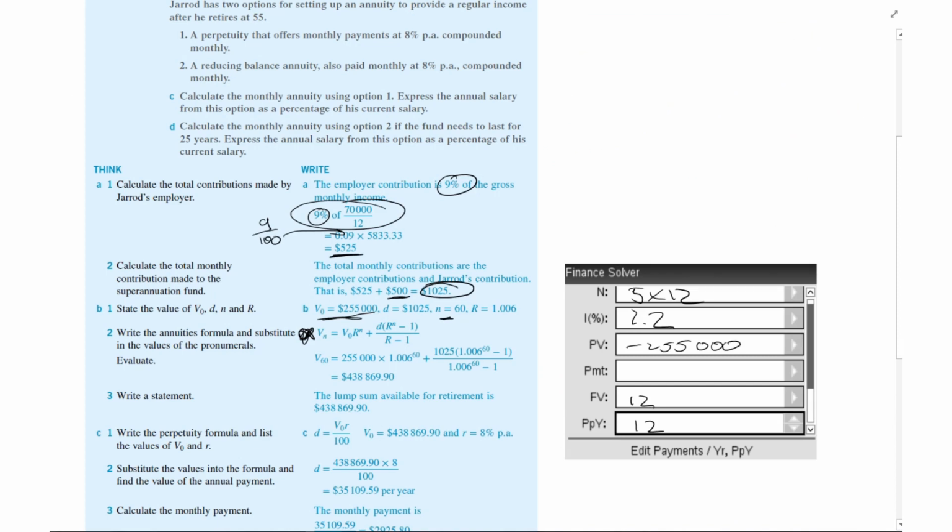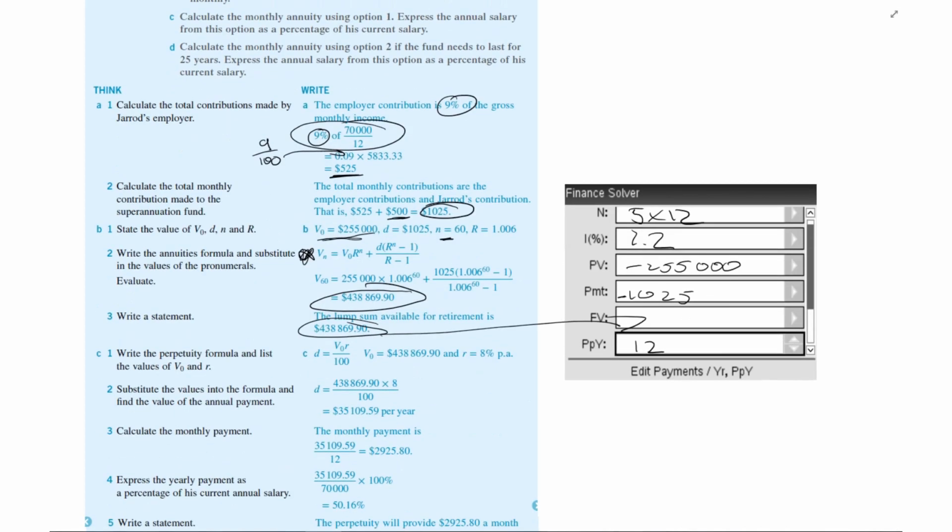Payment is 1,025, again negative. You put that into your calculator and you will get an answer of that much there. So this value here would go into there.